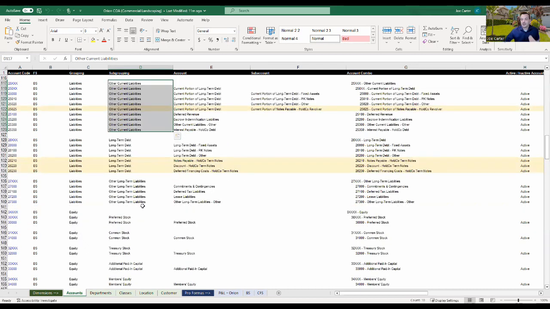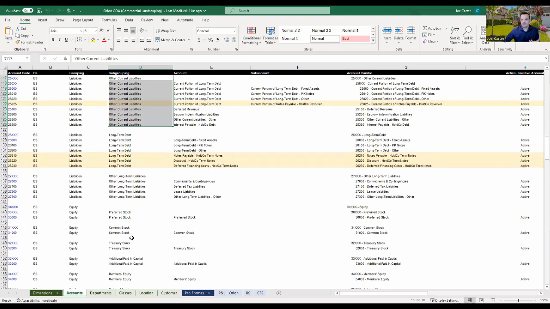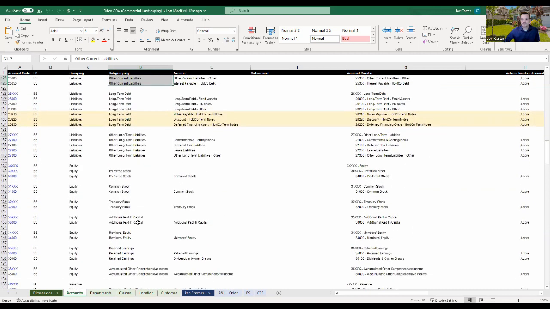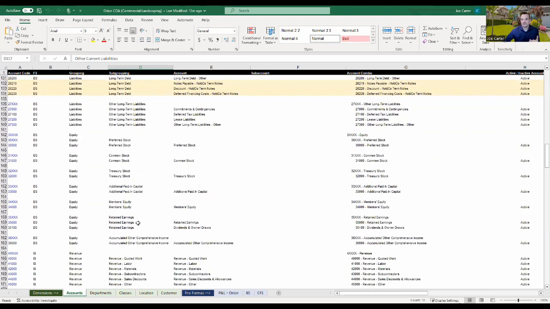Then we continue into equity, which would be preferred stock, common stock, treasury stock, paid-in capital, members' equity, retained earnings, and accumulated other comprehensive income.